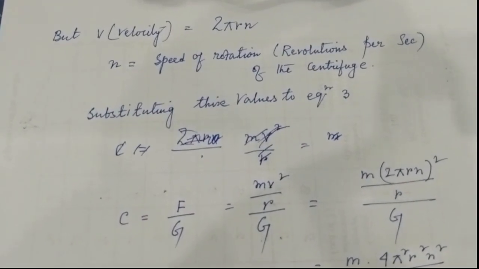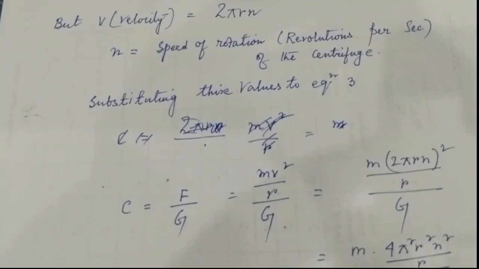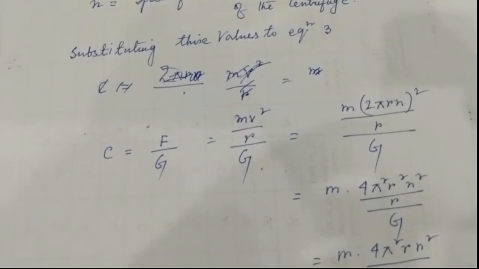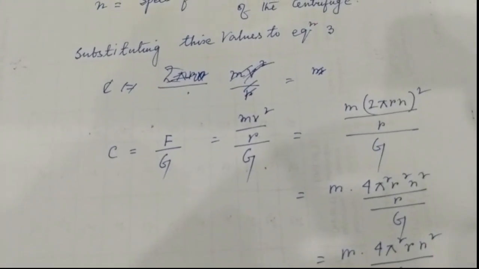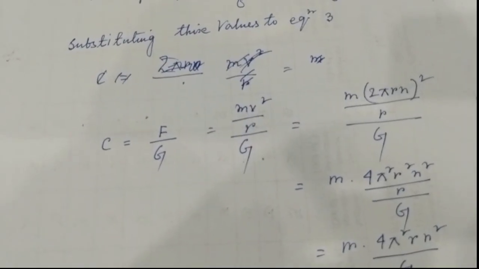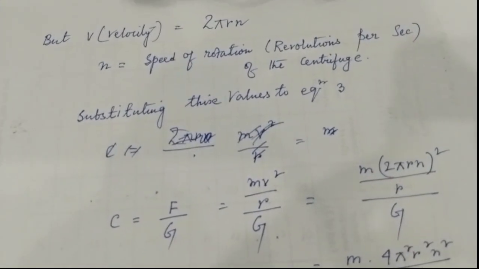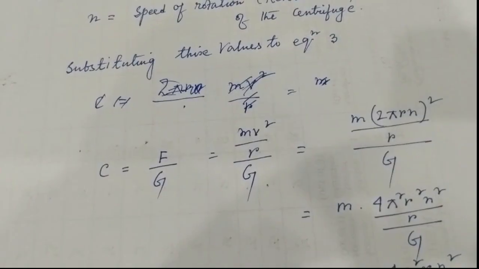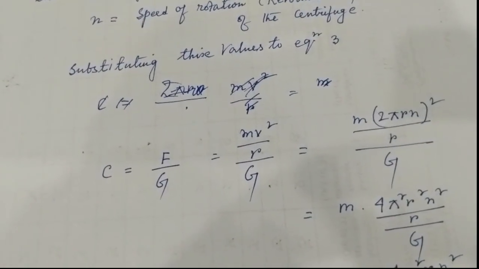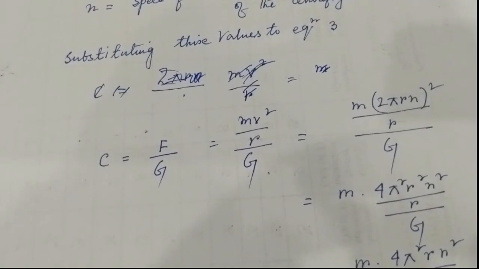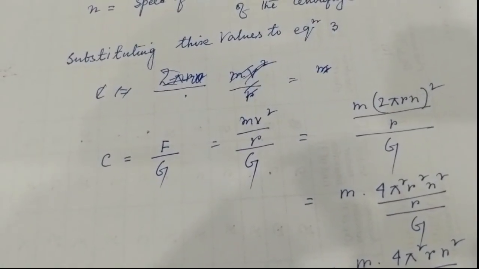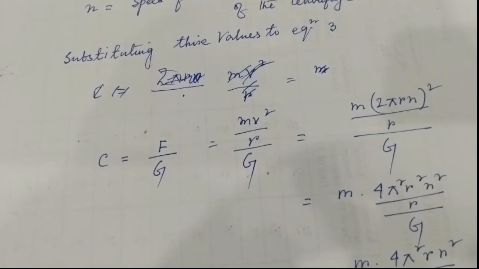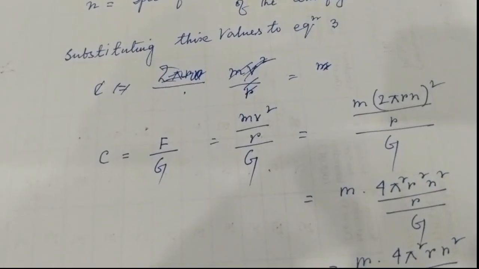Now I am giving the details of substituting into equation 3, that is C is equal to capital F by G. F we know is mv square by r, divided by capital G. V is equal to 2 pi rn, so instead of v square we use (2 pi rn) whole square by r and by G. We are putting the value of v, that is m into 4 pi square r square n square by r, then by G.